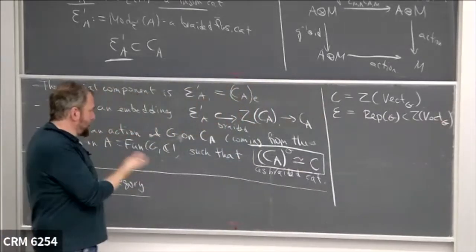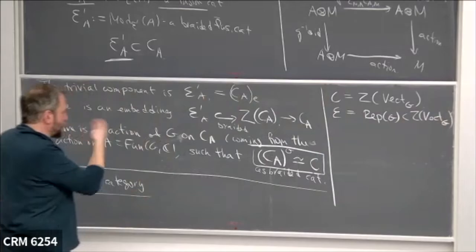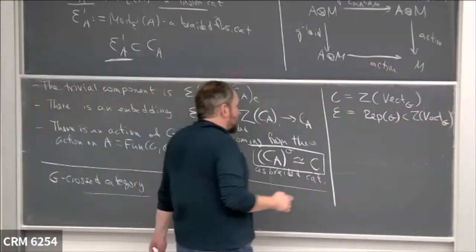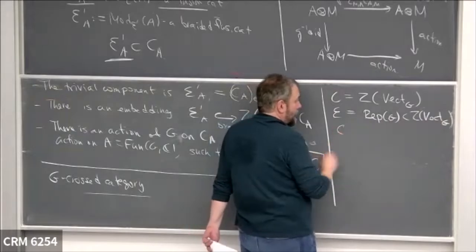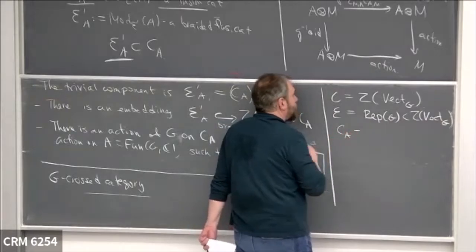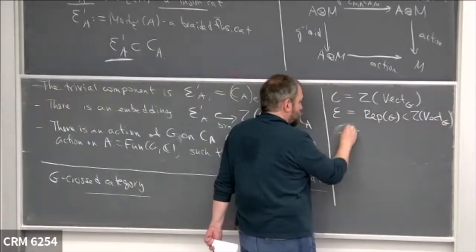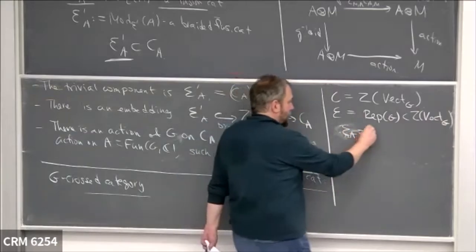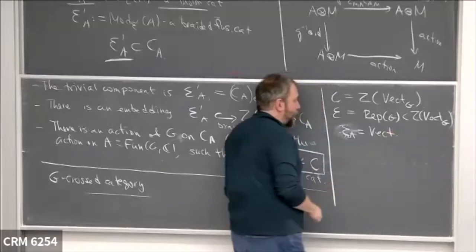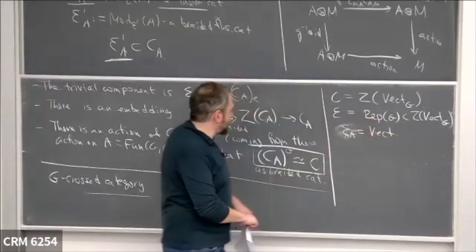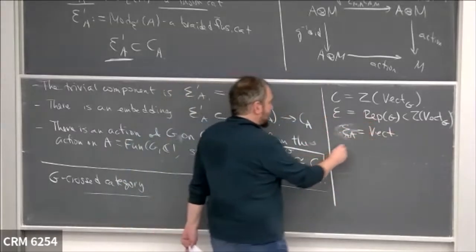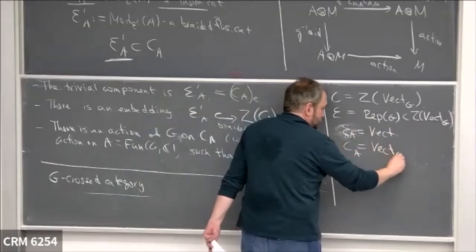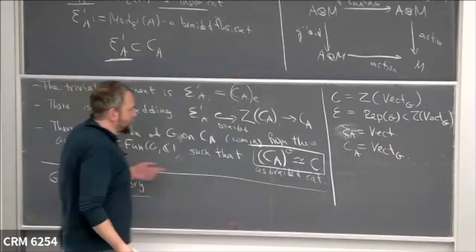Then you can do all these things that we did in general. In this case, first of all, E_A will be the category of vector spaces, right? We mod out by Rep G, you get the category of vector spaces, and C_A is Vec_G. Now this is of course naturally graded.